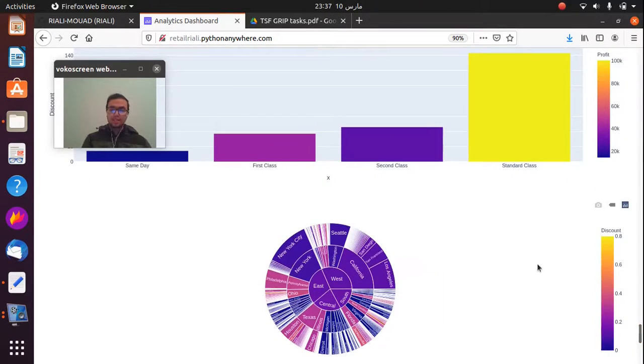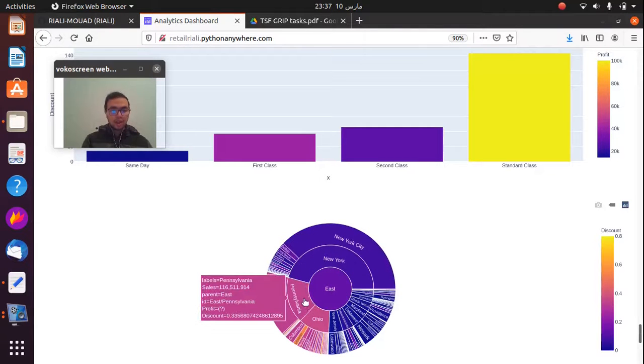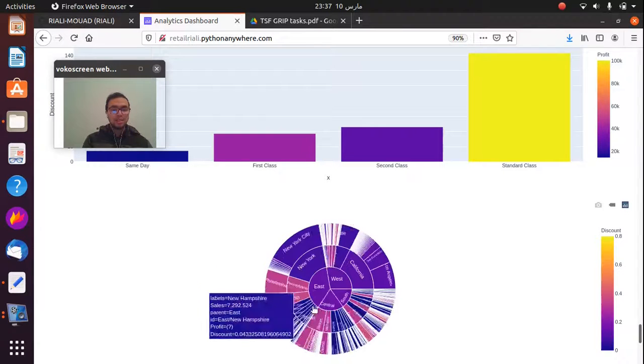As we can see here, the discount rates in all regions and states and cities. Let's take the East. The states that contain the highest discount rates are Pennsylvania and Ohio.